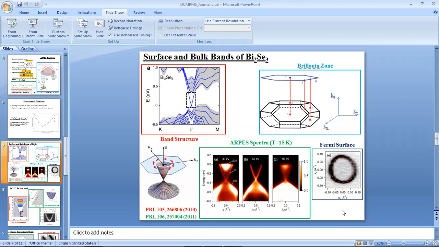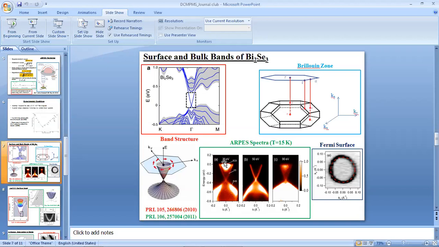Yes. If you take a cut for 30 eV, 50 eV and 90 eV, you should have two concentric similar circles, the same circle with the same radius, everything the same.